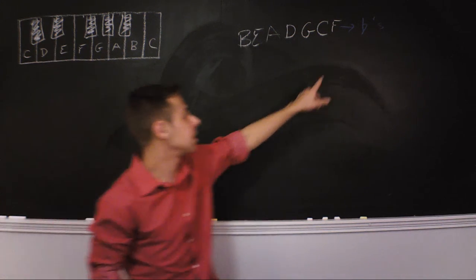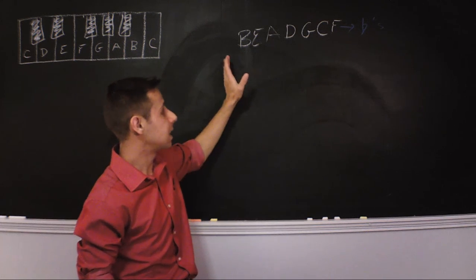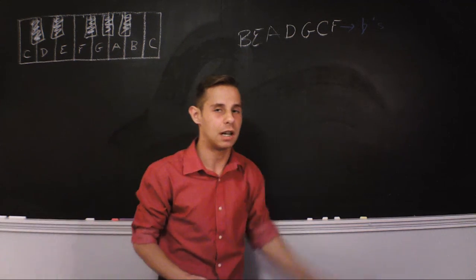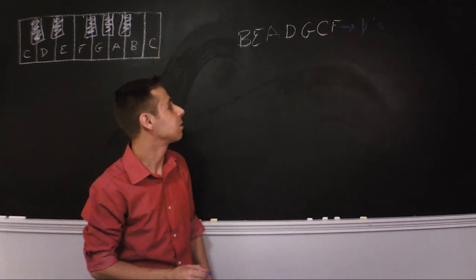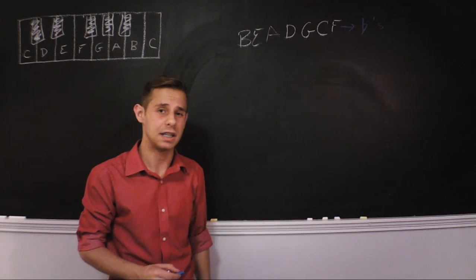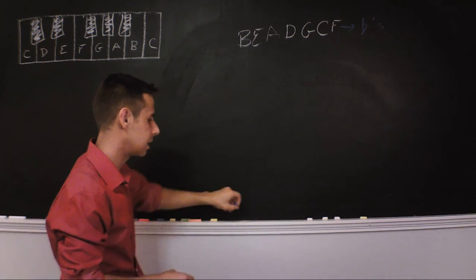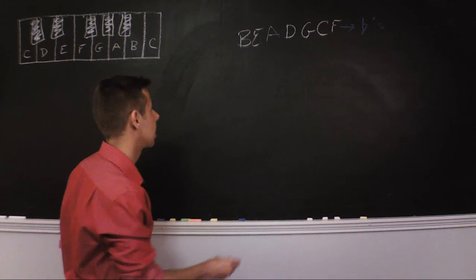So order of sharps is F, C, G, D, A, E, B. So the way I remember this is bead and then G, C, F. And if you're a math fan, greatest common factor. However you can remember this, if you remember the flats, I find it easier to remember than the sharps. And then you just flip it for the sharps. So if you know one and you remember that they're the inverse, you can remember the other.